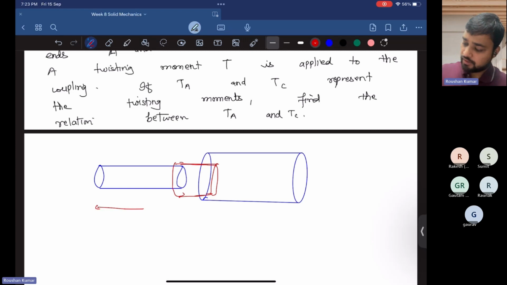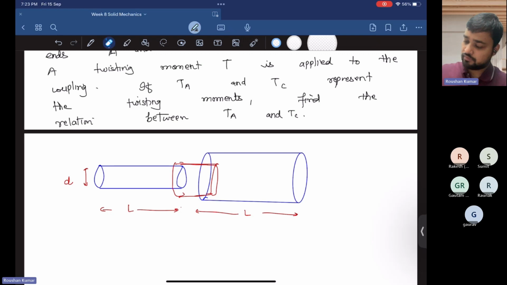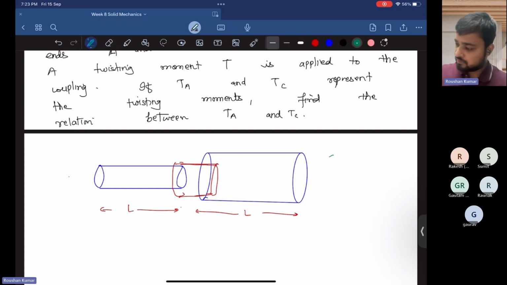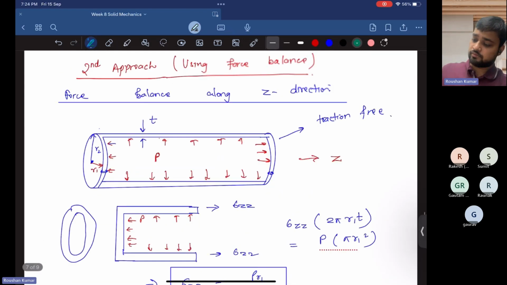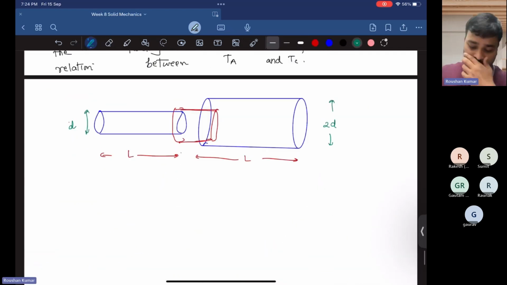Both have equal length L. One has diameter 2D and the other has diameter D. So we have to find the relation between TA and TC.